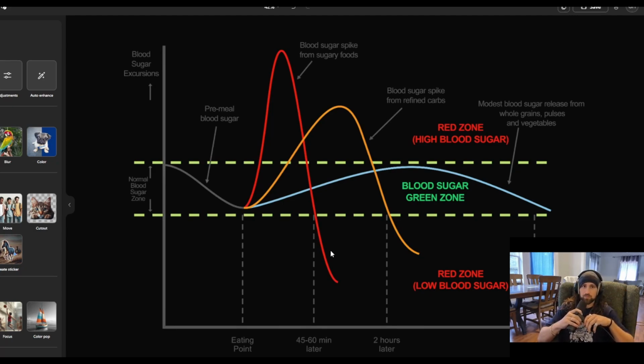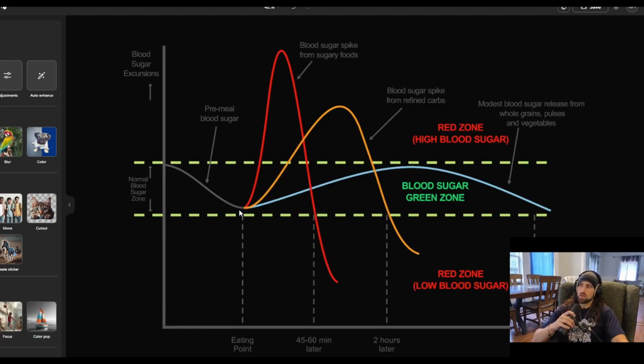Here's the issue. If we eat a meal that releases a lot of sugar into the blood, so we have this very high point, this is a lot of sugar in the blood, the insulin signal, which is basically a chemical messenger that works like a key, opens up cells to receive this energy.